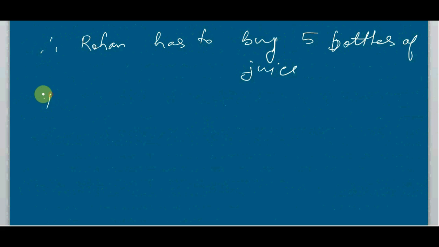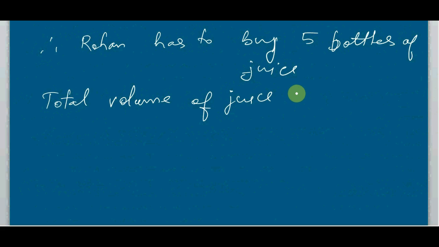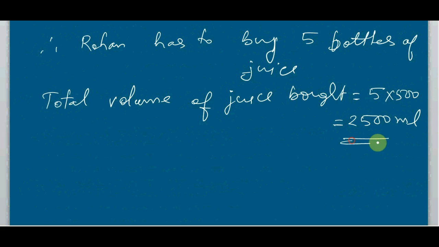So total volume of juice bought, I am writing volume again, okay, total volume of juice bought equal to 5 into 500, right? And it is 2500 milliliter, right?